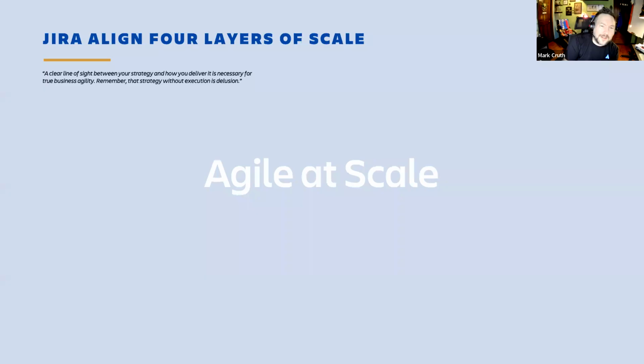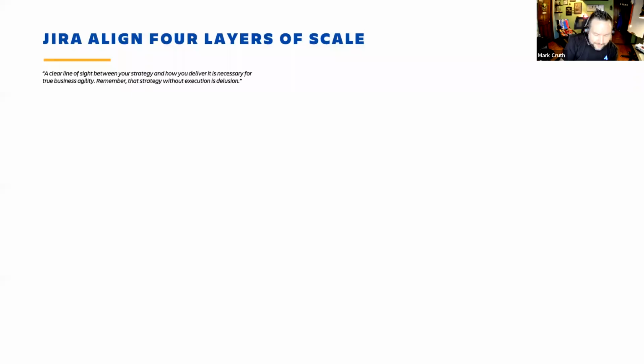And so Jira Align, we talk about it as having 4 layers of scale. There's technically 5, but there's 4 for all intents and purposes. And it's all about how we organize around work. Now, if you're familiar with things like the Scaled Agile Framework, this is going to look familiar. You're going to see some of the similarities there.